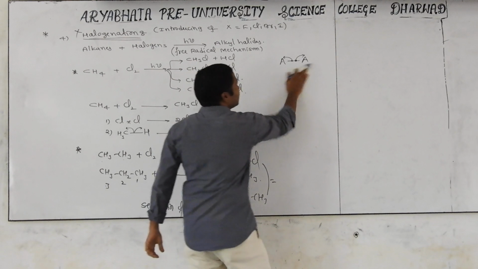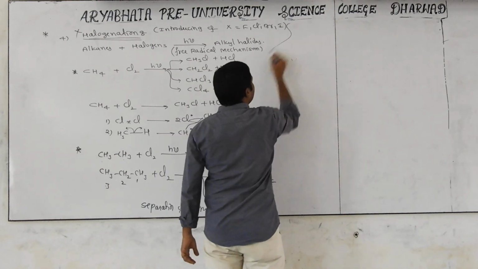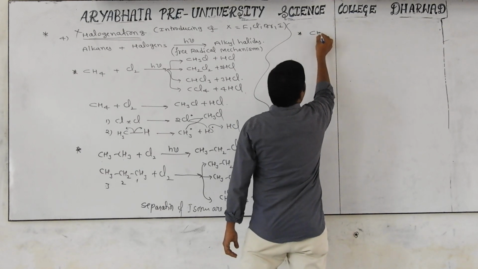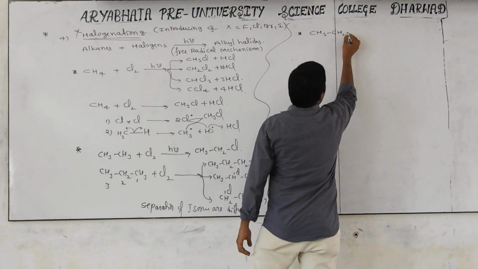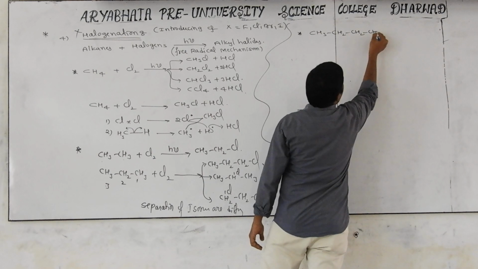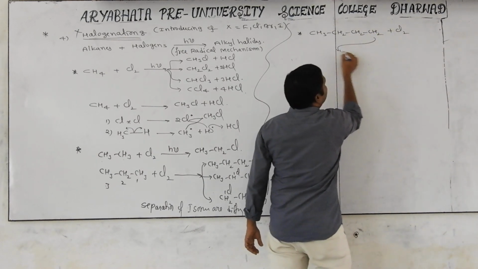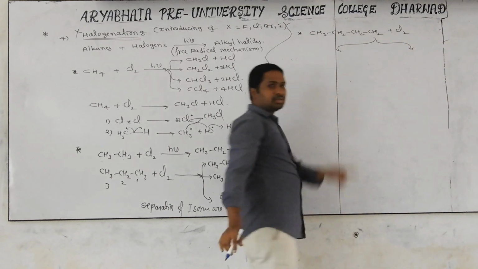Now I will give you some other things from a competitive point of view. You see carefully. For example, CH3CH2CH2CH3 undergoing halogenation, how many products may you get? Two isomers.